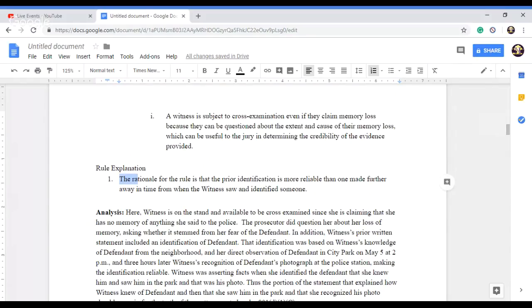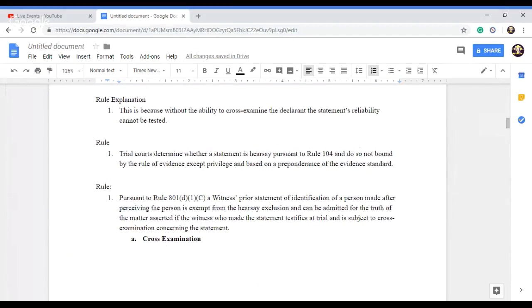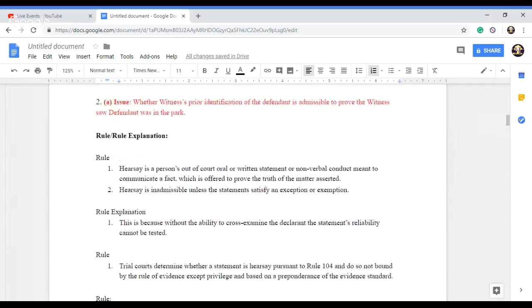So here, again, if you're struggling with how to put rules together or how to understand how best to describe these rules on your exam, you have here a template in which the professor is giving you different methods of explaining these rules out. For instance, hearsay.